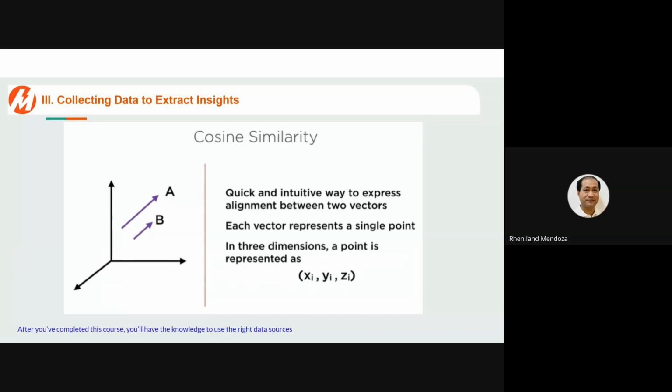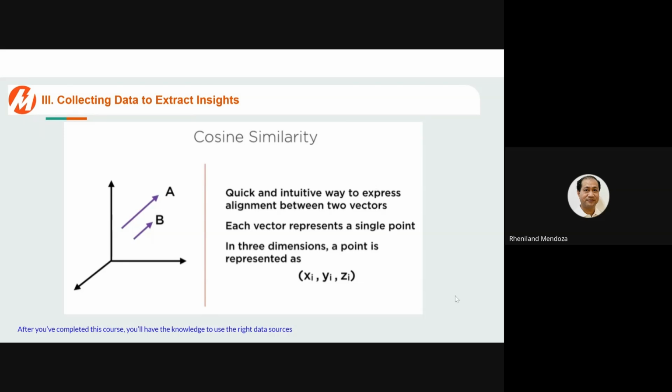Now, on a higher level, what if you have three dimensions? A point can be represented now using coordinates x, y, and z. So now we understand, and I hope you now understand why cosine similarity is useful. Again, this is in relevance to machine learning, because ML algorithms use cosine similarity very much to calculate similarity between vectors.